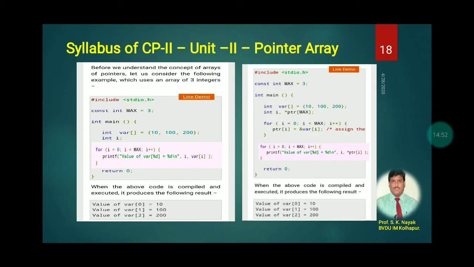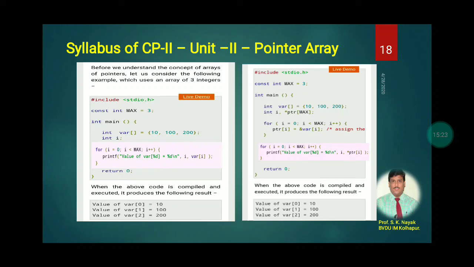In this for loop, the variable I increments at every position. So pointer of 0, pointer of 1, pointer of 2 will be assigned all the values, ampersand of var of I, that means var of 0, var of 1, var of 2. So all these array values can be assigned to pointers 0, 1 and 2. So now 3 pointers for 3 array elements.